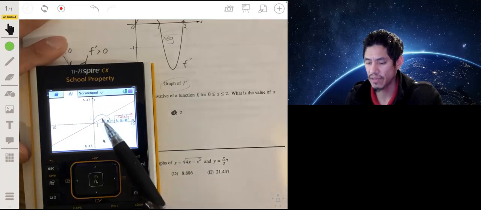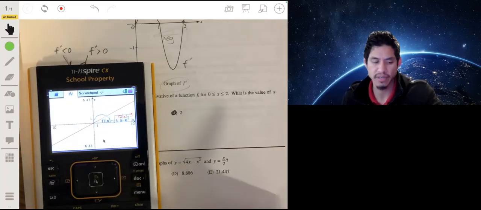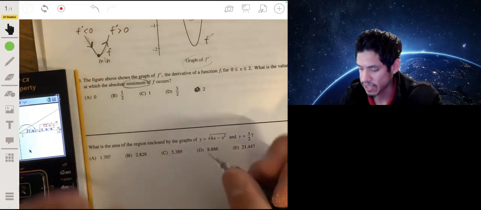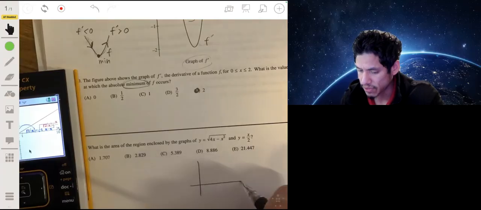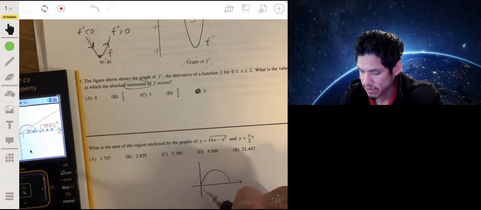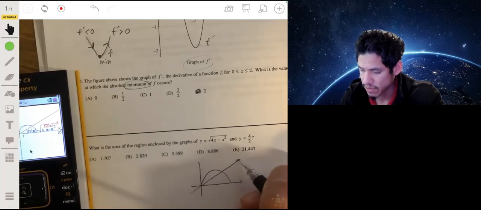And so then we want to find the region in there. So we want to find what that left endpoint and right endpoint are going to be. Let's just draw a sketch of what's going on here. So we'll have something like this. Like that.